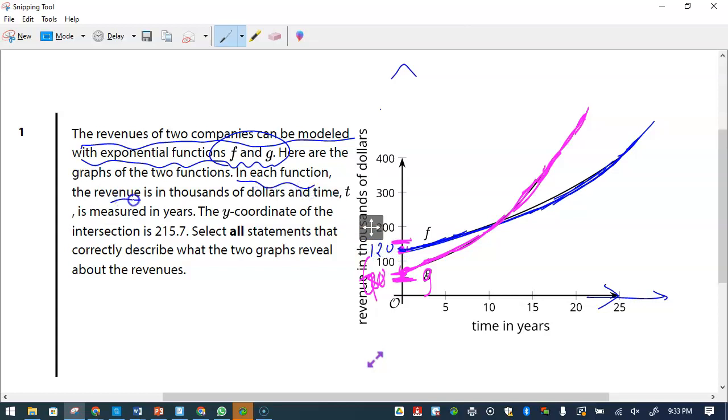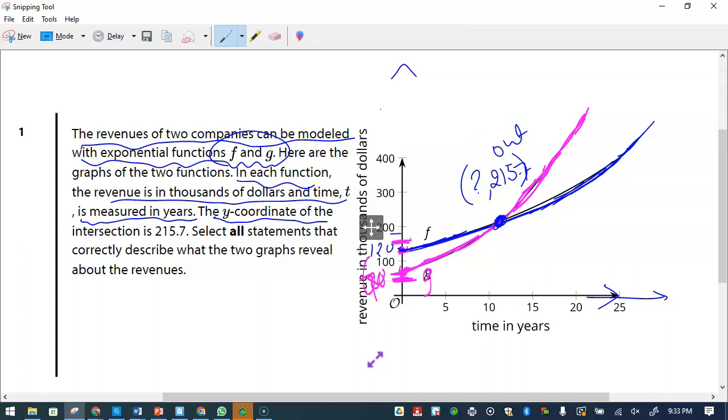In each function, the revenue in thousands and the time t in years is shown. The good thing is they gave us this point: 215.7. That's the output, the revenue. So the question is, when does that happen?